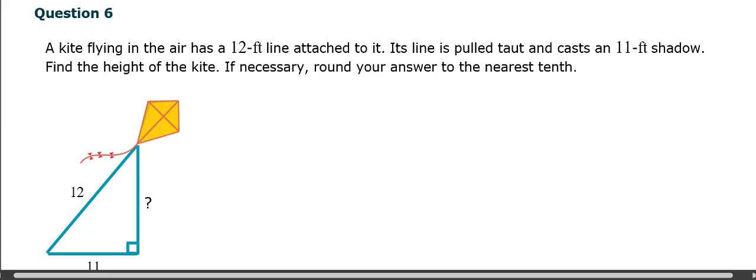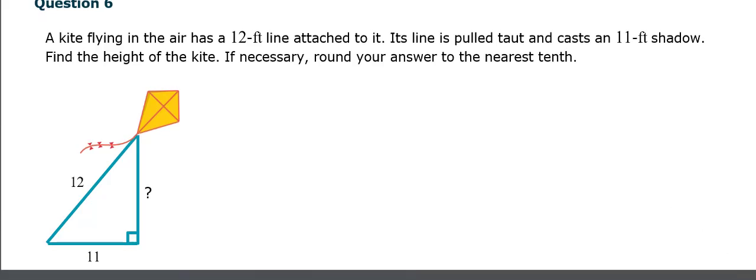So remember, we're going to use the Pythagorean theorem: a squared plus b squared equals c squared. Remember that your c squared is your hypotenuse, the longest side, and it's opposite the right angle.